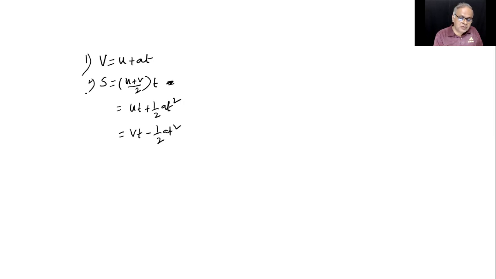Equation 1, equation 2, equation 3, and equation 4 was v square minus u square equals 2as. So these are the equations we've been using until now.